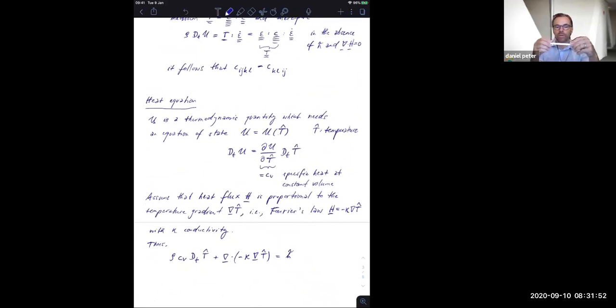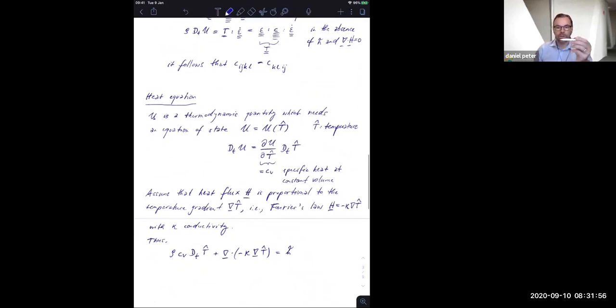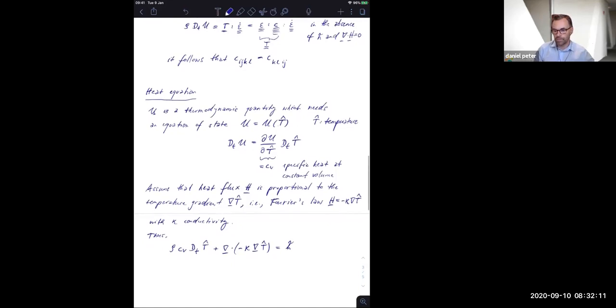So all we need to look at is basically the internal energy, the conduction of heat, and the heat production in this rod. That's the heat equation we have here.